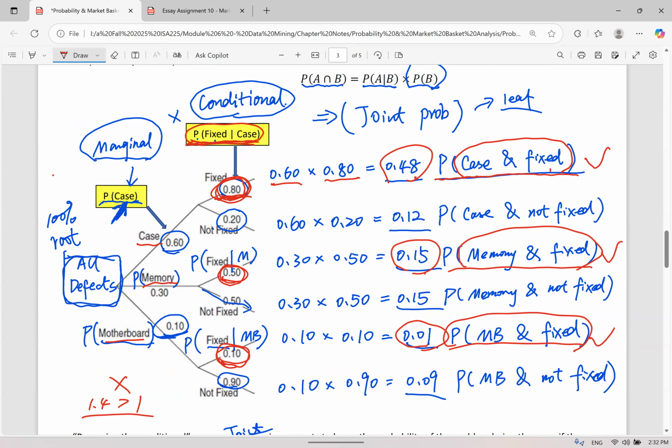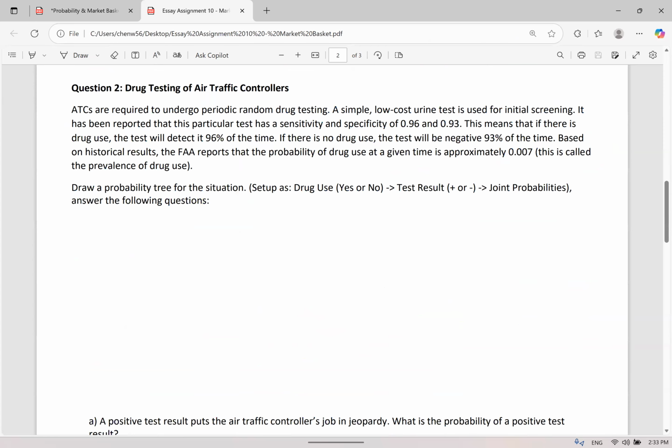All right, so this is about the probability tree, but in your essay assignment 10, I want you to look at a more useful application, which is if you're working in the drug field. For example, during COVID, you have the test kits, and then you're more likely to deal with two words, which are sensitivity and specificity.